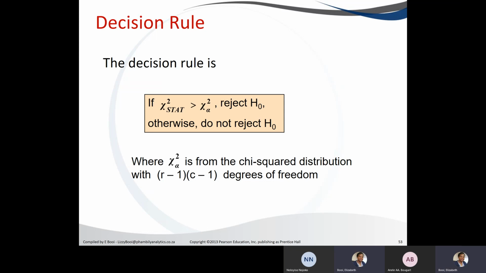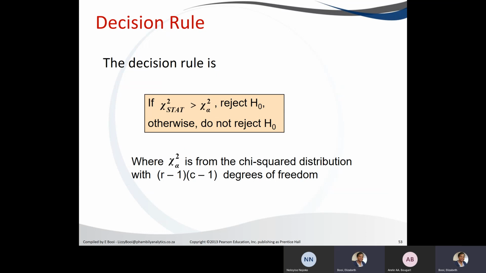Making a decision, we say if the test statistic is greater than our critical value, we reject the null hypothesis. And our critical value, we find it by using the degrees of freedom, which is the number of rows minus 1 times the number of columns minus 1.